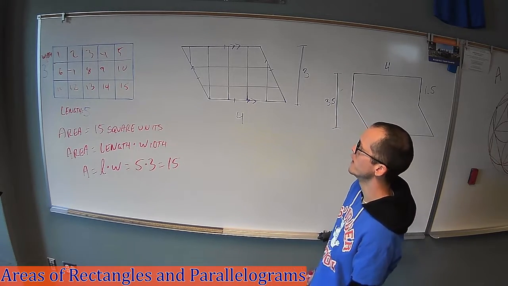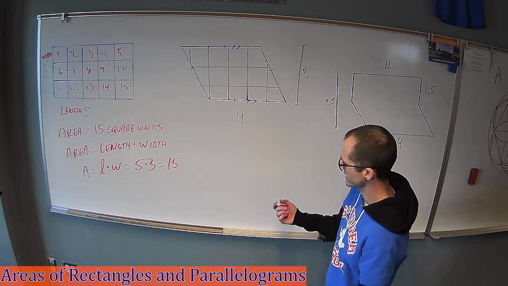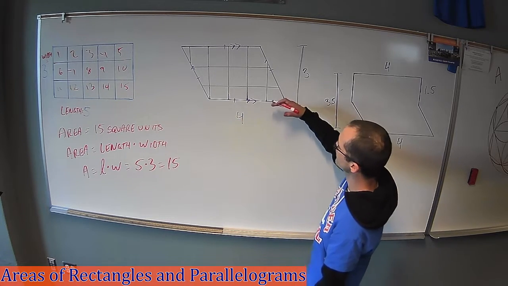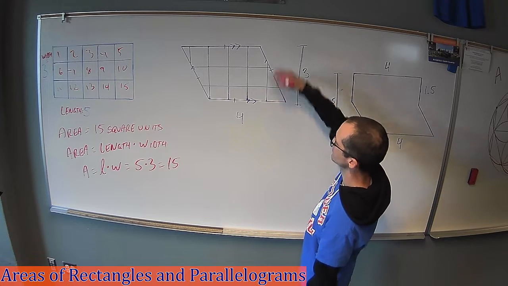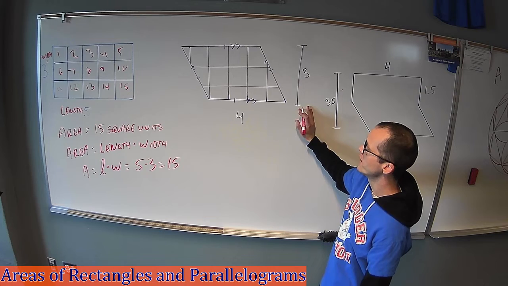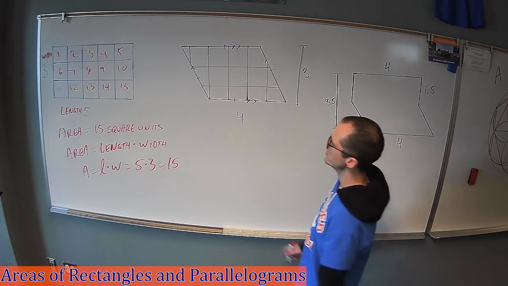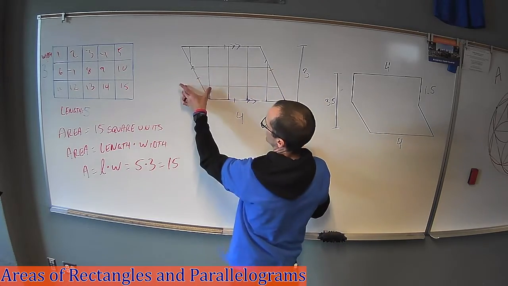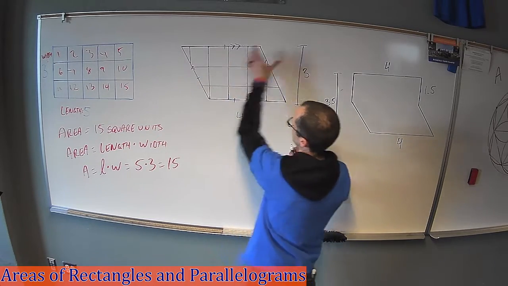Same story. This one I went ahead and I marked in all their boxes. This one has a base length of 4, and from the floor to the ceiling, as it were, as it's situated right now, is exactly 3 units. So how would we find the area of this thing? Well, what I want you to notice is that this is essentially a rectangle anyway, with triangles attached to both sides.